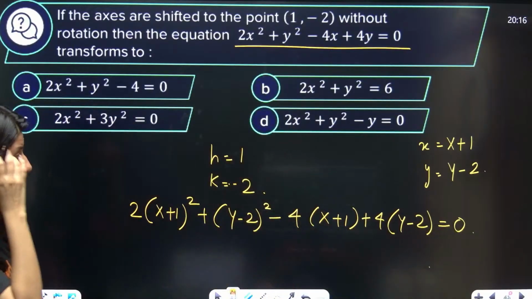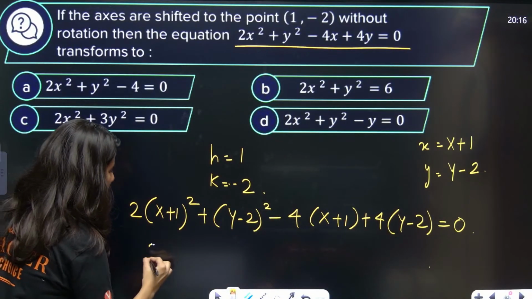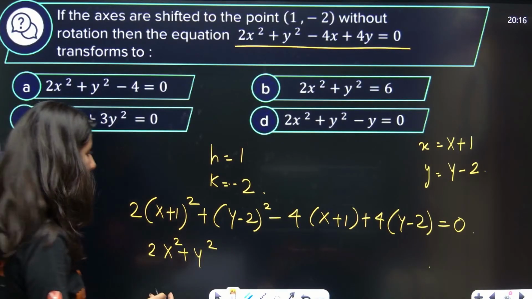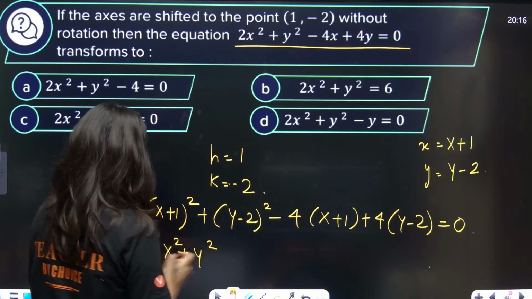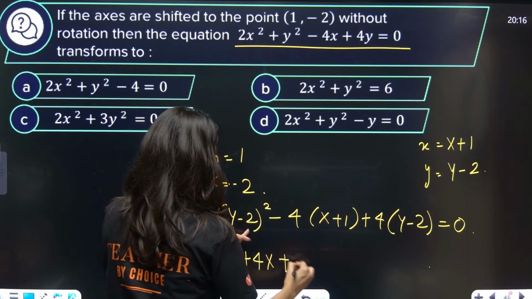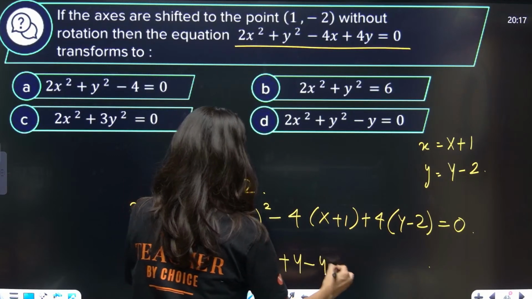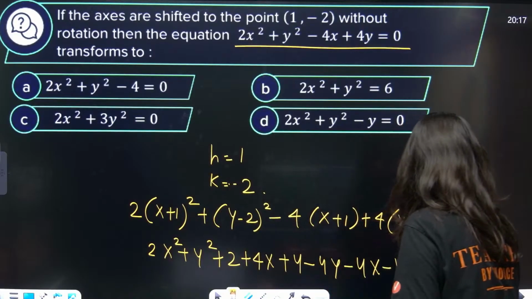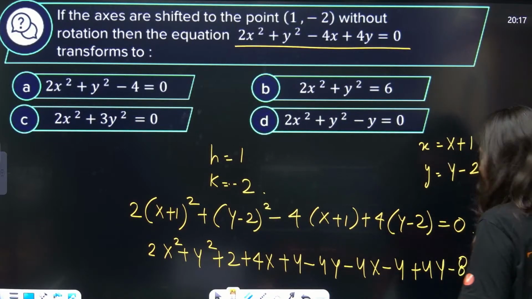Okay, everybody? Yes. So 2X square plus Y square, now this is plus 2, so this is plus 2, plus 4X from here, plus 4, minus 4Y, minus 4X, minus 4, plus 4Y, minus 8 is equal to 0.